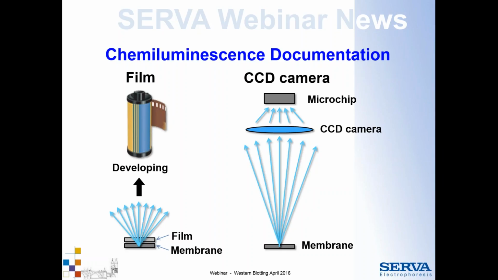You will need a cooled camera for this, because due to the distance between the membrane and the detection system, the exposure times will be higher. And so, to reduce the noise and disturbance, to enhance the signal-to-noise ratio, you will need a cooled camera.